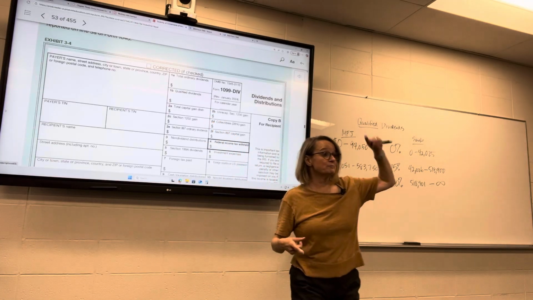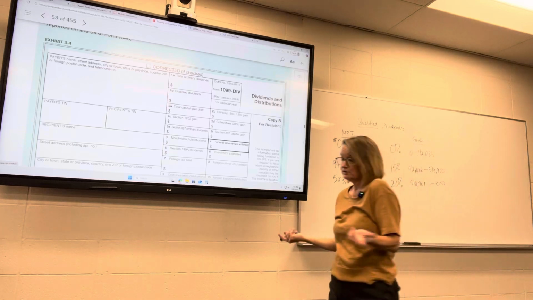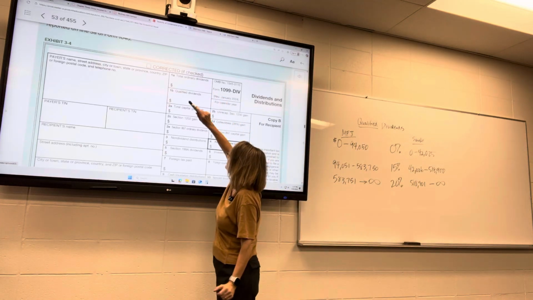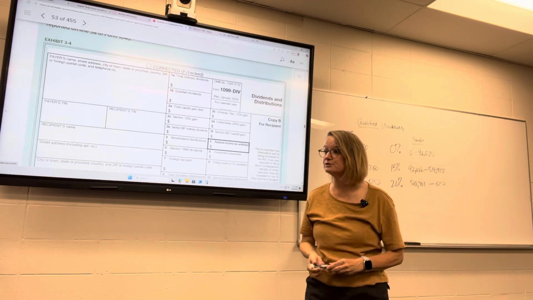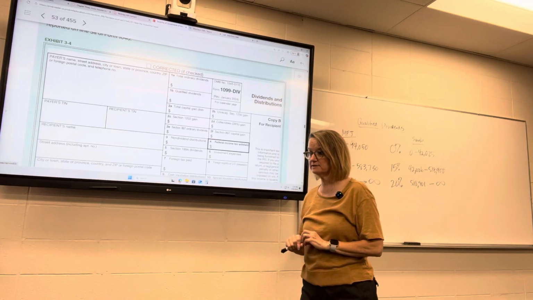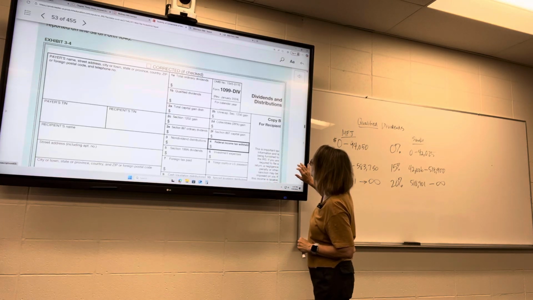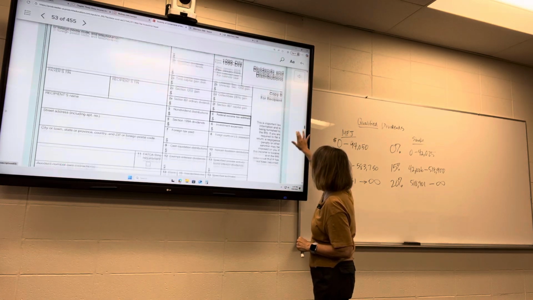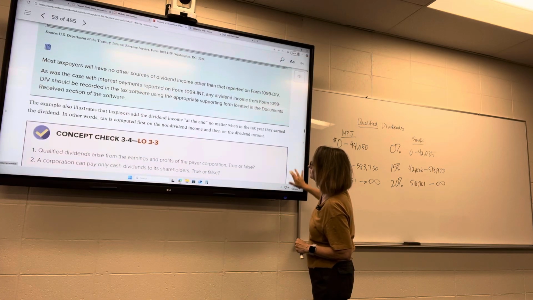If the two boxes are the same, say $1,000 here and $1,000 here, that means the total dividends received were $1,000, and all of them were qualified dividends. Okay. I don't know that there's anything else on that form that you need to be aware of right now.